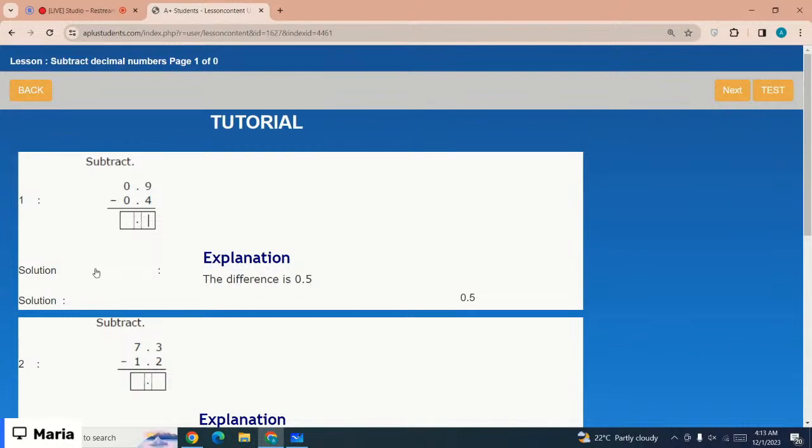Yes, the correct option is: 9 take away 4 is 5, right? Then you have a decimal point. 0 take away 0 is 0. So 0.9 minus 0.4 equals 0.5, right?